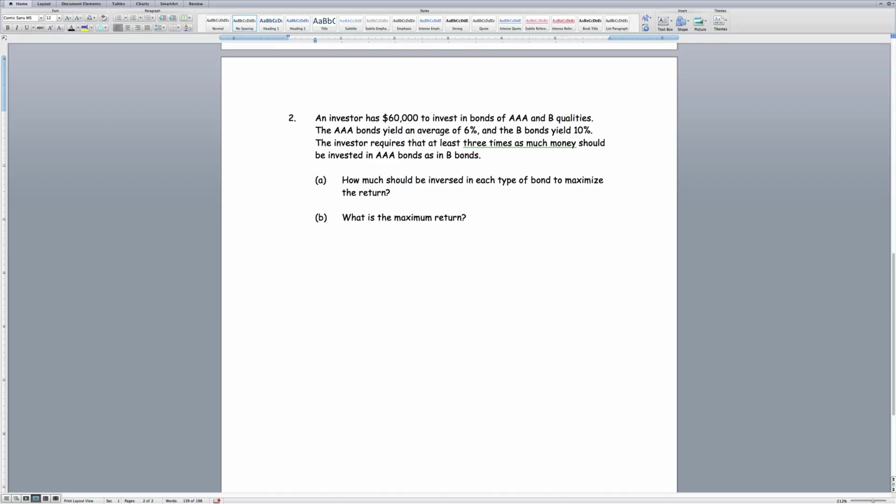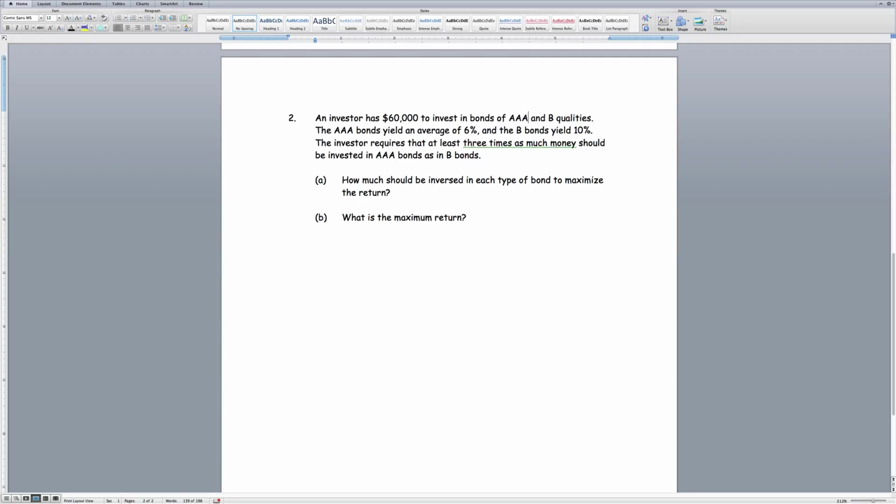All right, guys, so we know right off the bat that our objective function is going to be max z equal something.